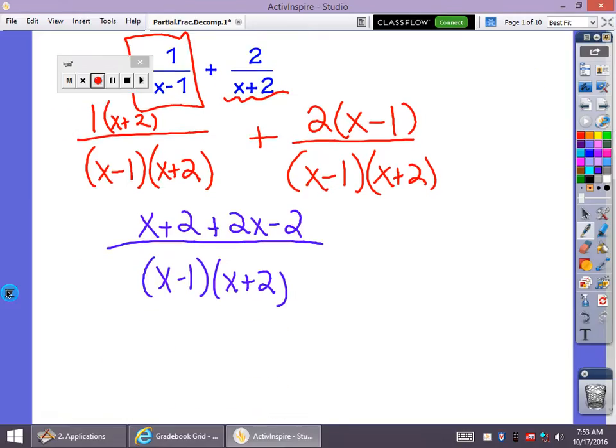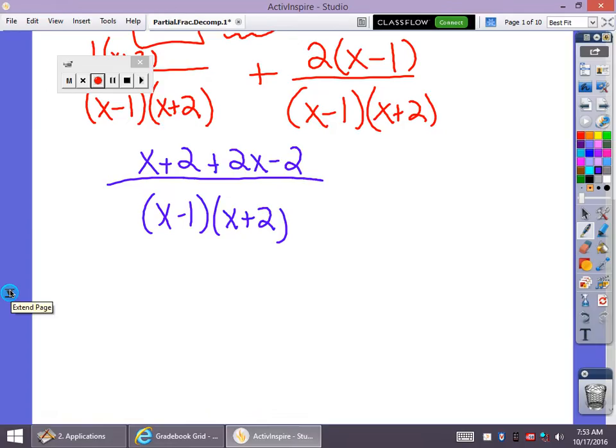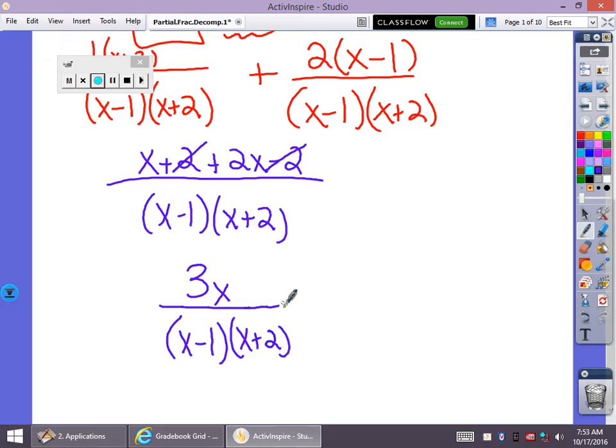When I go to simplify, what do you know? The 2's cancel, and it leaves me with 3x over x minus 1, x plus 2. Good?